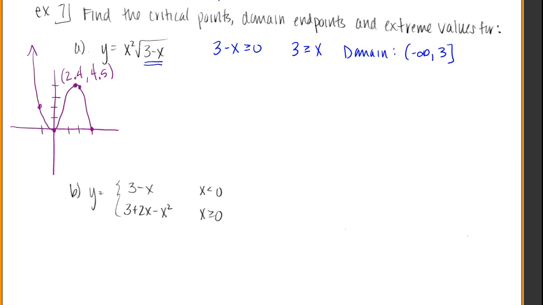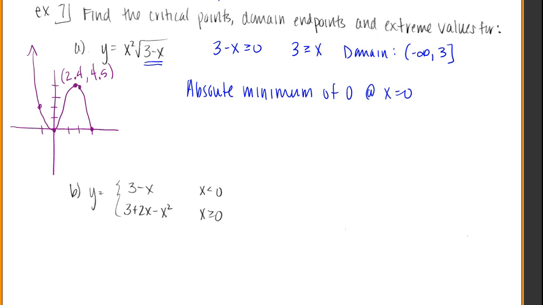Okay, so now let's start answering the questions. So to answer the questions, let's start labeling them out. We have basically our critical points or our endpoints. Let's say this. We have an absolute minimum of 0 at x equals 0.